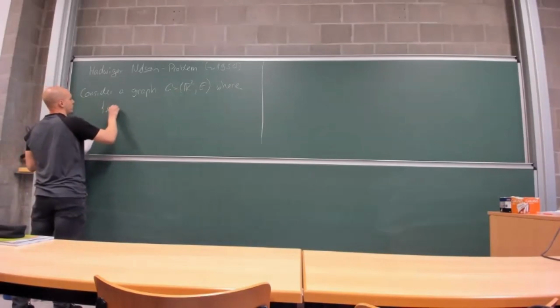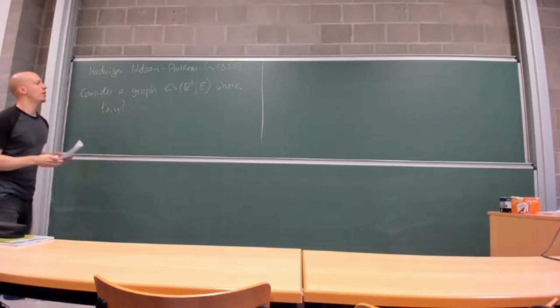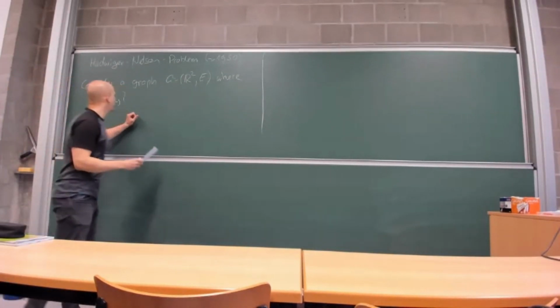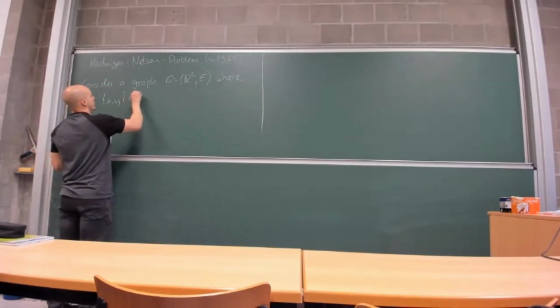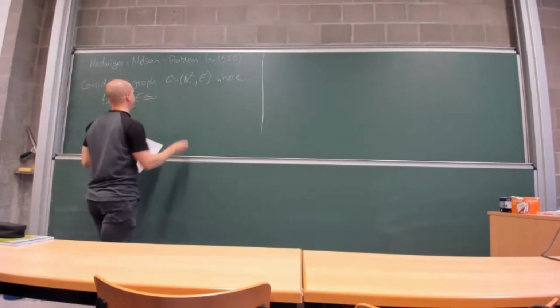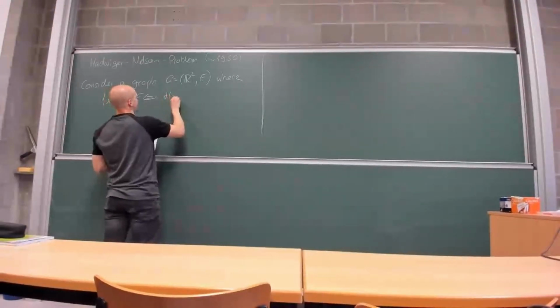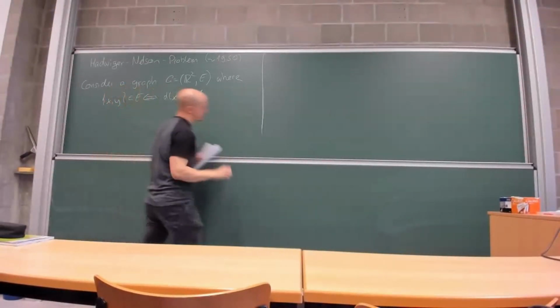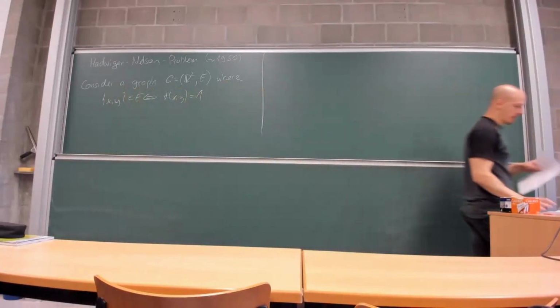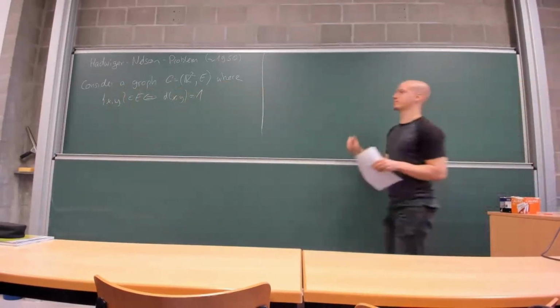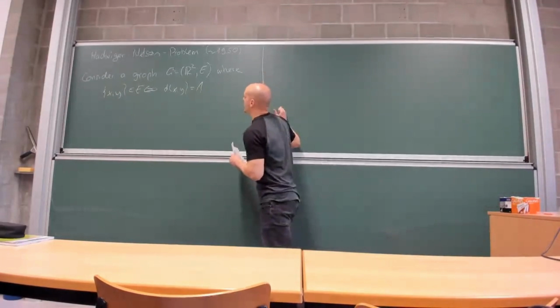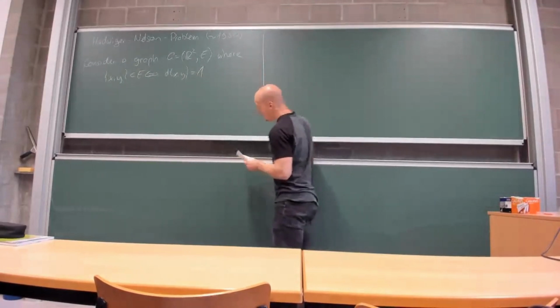And when should two points in the plane be connected? This should be the case if and only if the Euclidean distance is exactly equal to 1. This is the graph we would like to consider here.